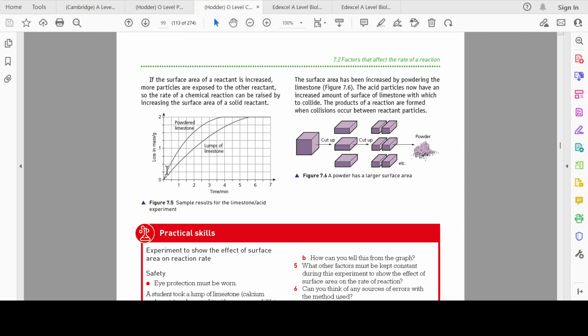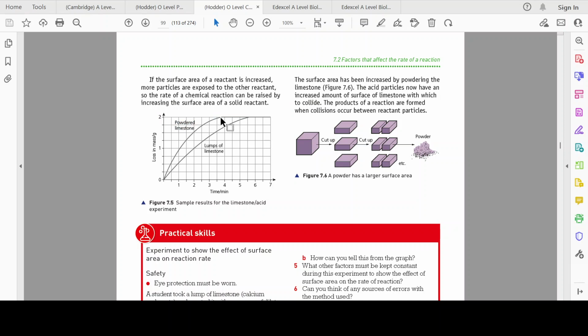The reaction will go to completion, in the sense that all of the calcium carbonate will eventually react with the hydrochloric acid, and whatever amount of carbon dioxide gas is to be given off will be lost. In this case, 2 grams is lost. But as you can see, in the case of the powdered limestone, which is calcium carbonate, it was lost much more quickly.